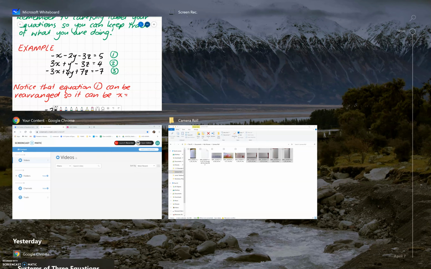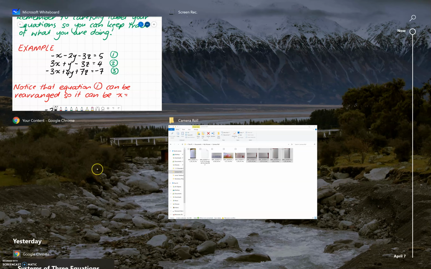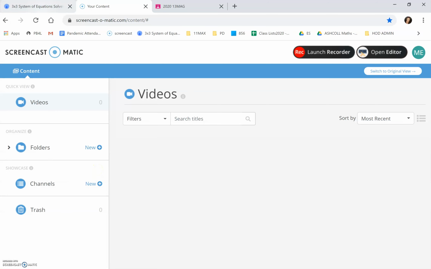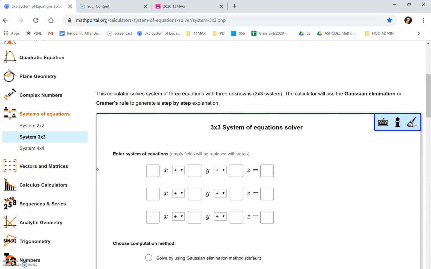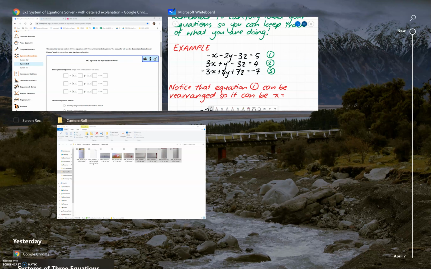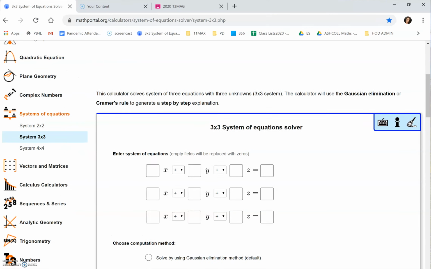So if we have a look at the tool, it's here, and you can see that there are these boxes where we can enter in the numbers. So for the first one, we've got negative 1, negative 2, negative 3, and then 5.